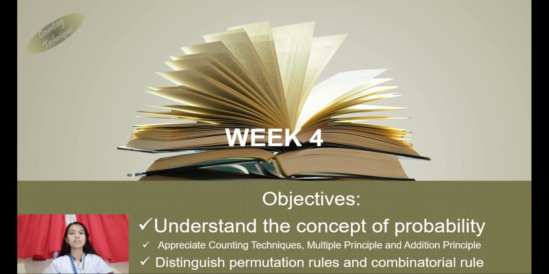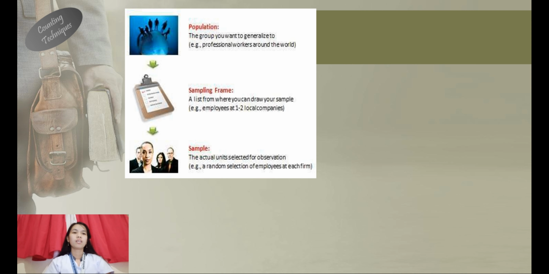Let us first study what is the importance of probability in inferential statistics. Based on our research, here are some importance and roles of probability in inferential statistics. First, probability is used to predict the types of samples that are likely to be obtained from a population.